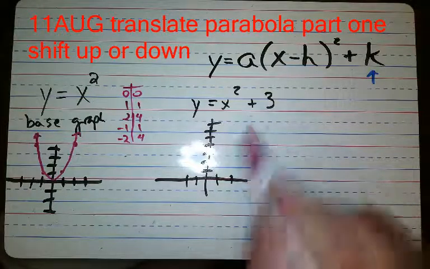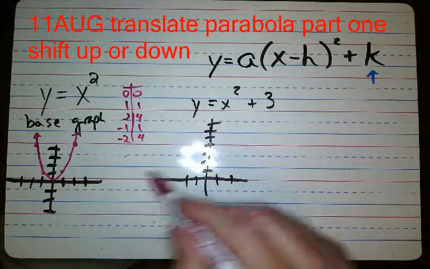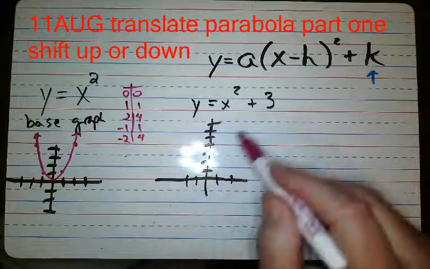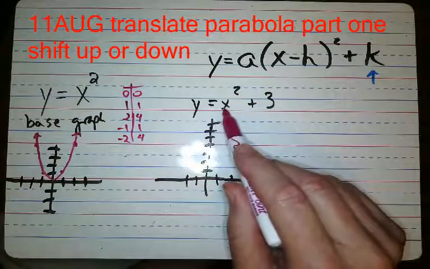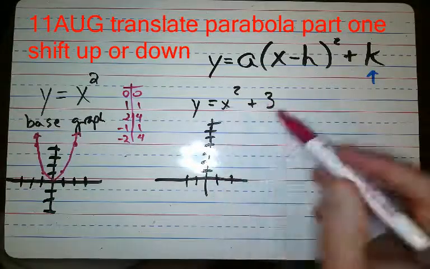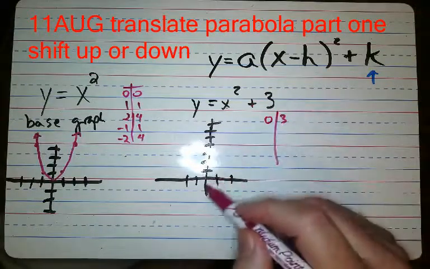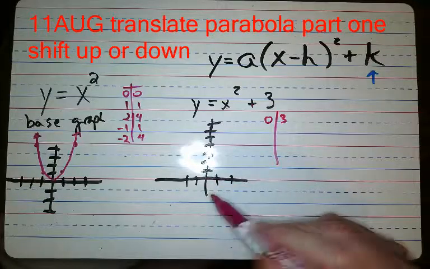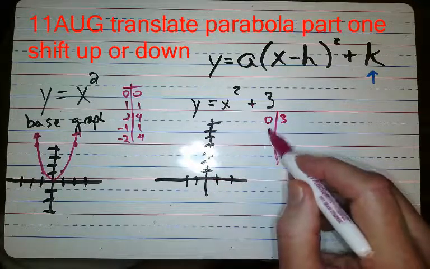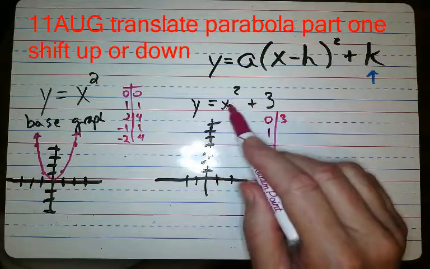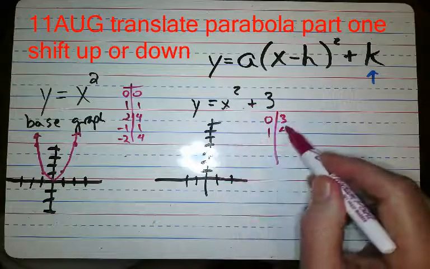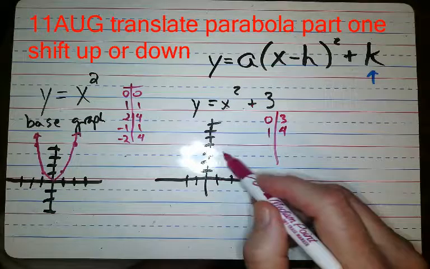And so this one, if I plot those points, whenever 0 goes in, 0 plus 3, I would get 0, 3. So that's right there. Then when 1 goes in, 1 squared is 1. 1 plus 3 is 4. So over 1, 4.